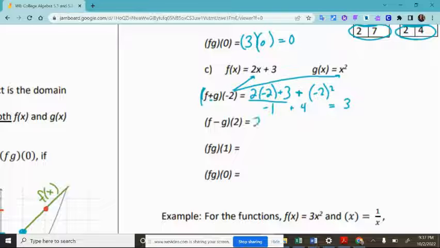So we can plug it in here. 2 times 2 plus 3, we get 7 minus 2 squared is 4. So again, we get 3. Same thing with 1 and then a 0.